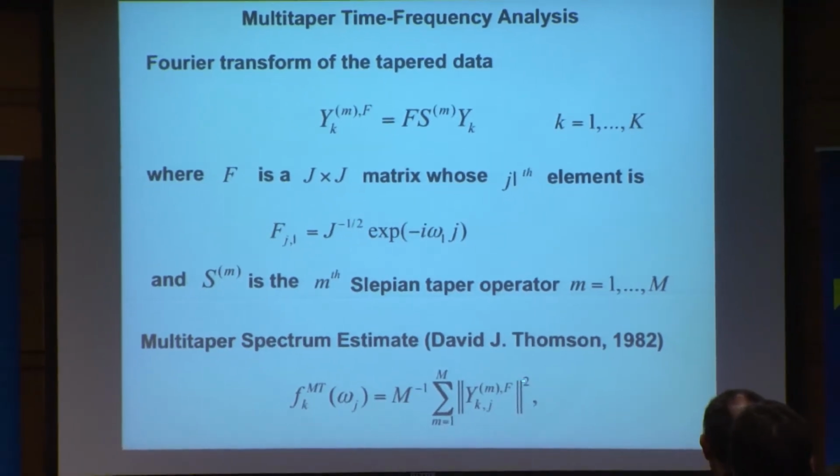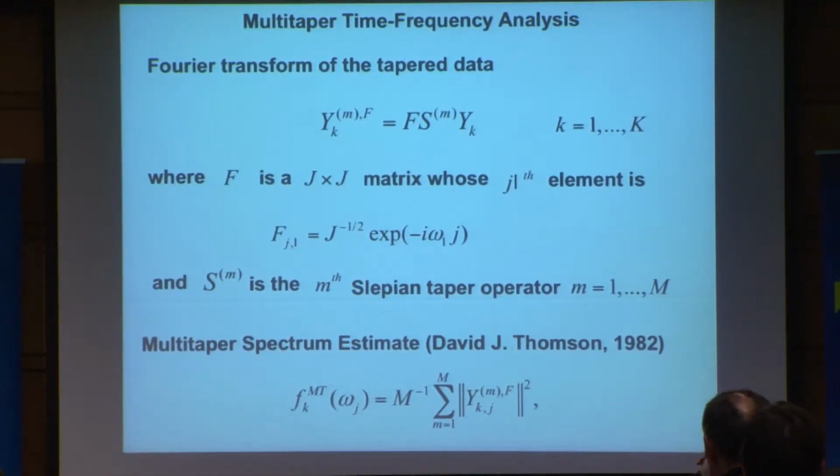Each taper basically gives you almost an independent time series of data. You Fourier transform that and you average over those. That averaging helps minimize the bias-variance trade-off we all know about. So this is that average right here.